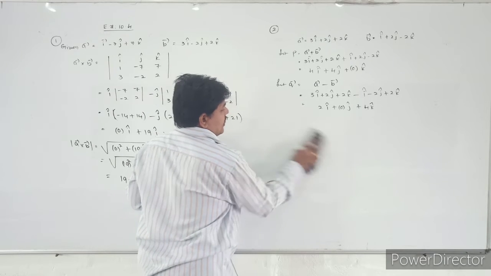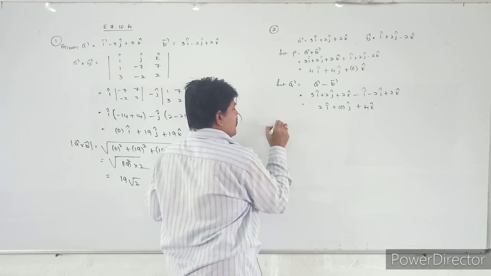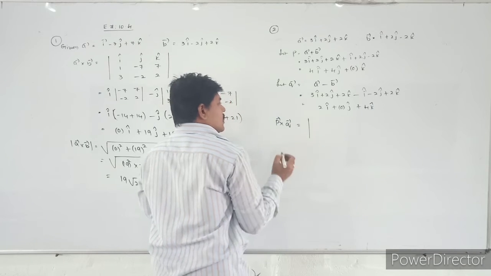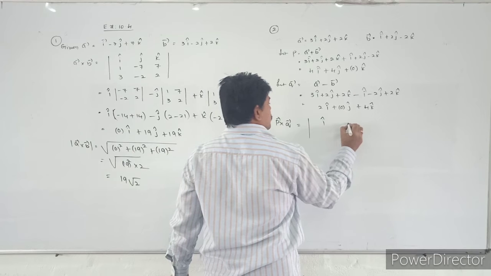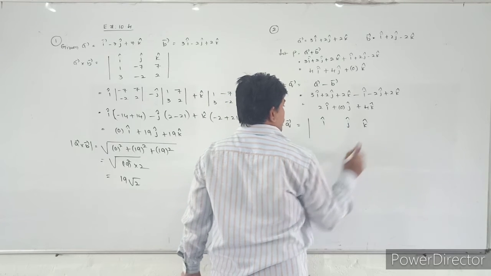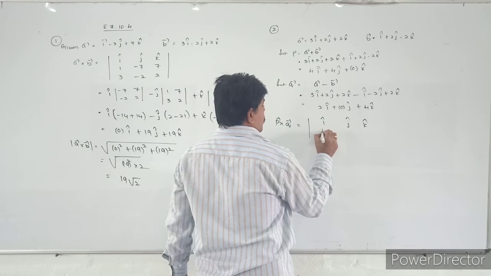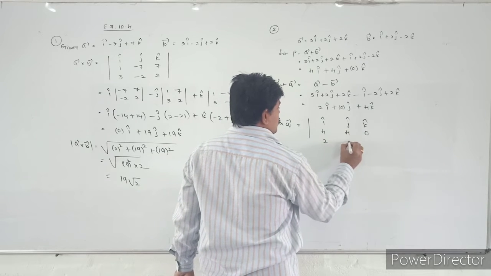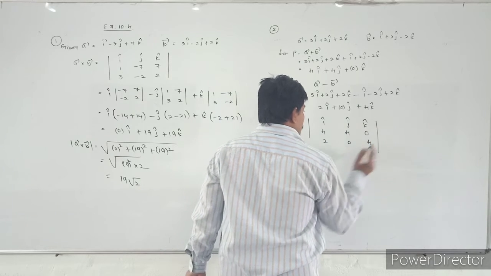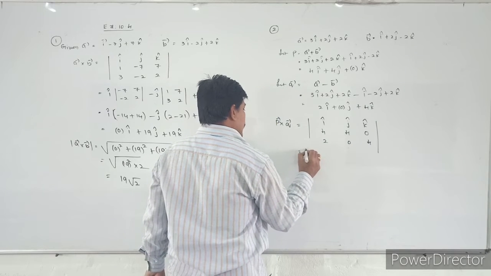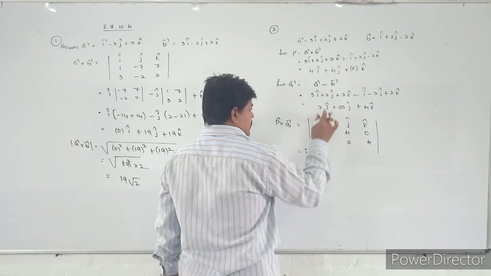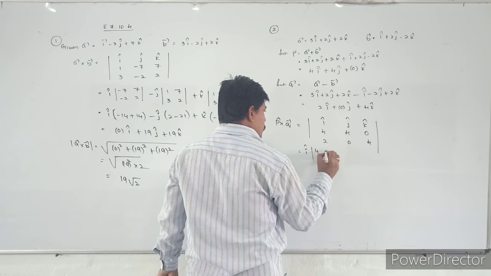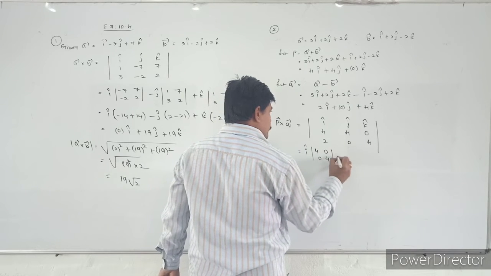So P bar cross Q bar is the determinant with rows i, j, k; 4, 4, 0; 2, 0, 4. For i, delete the row and the column, giving 4, 0, 0, 4.